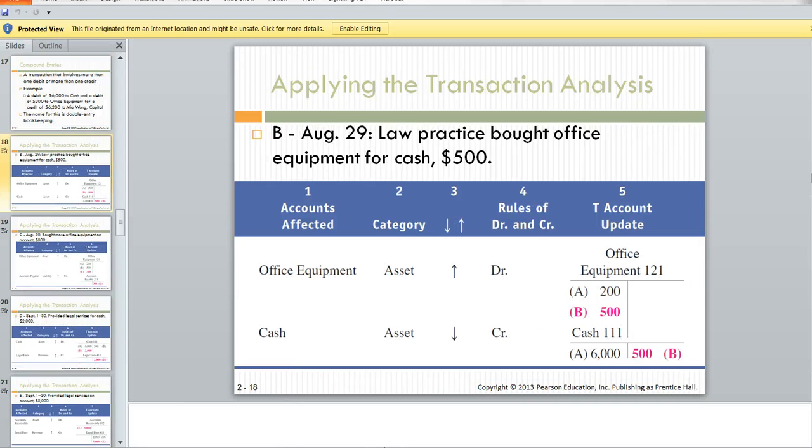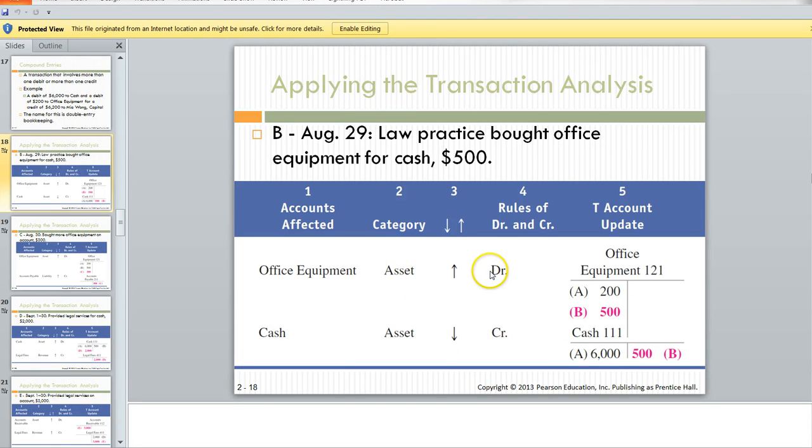Sorry about that. In B, we are purchasing office equipment for cash. The accounts affected are both assets. It's a shift in assets. So we're going to add to office equipment. The rule is debit to add to the office equipment account and credit to subtract from the cash account.